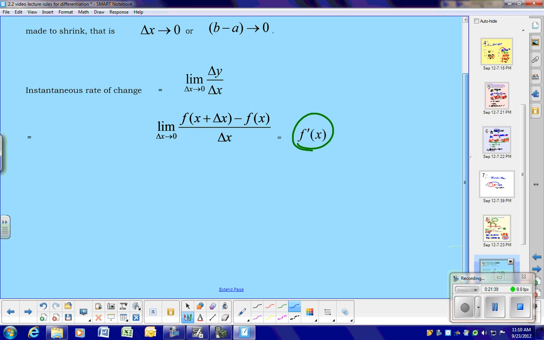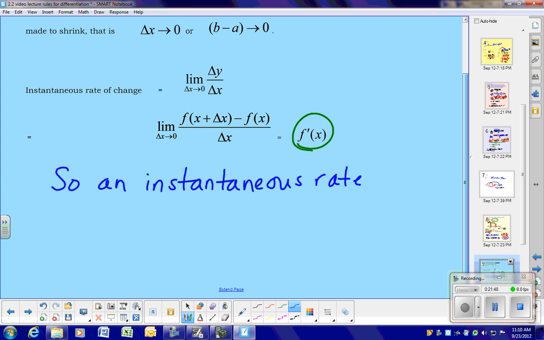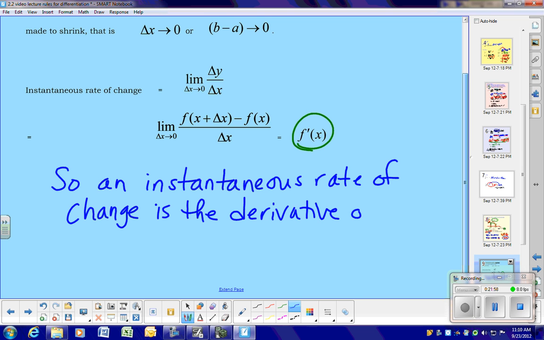I'll write this out. So an instantaneous rate of change is the derivative, or the slope of the tangent line at some particular point.